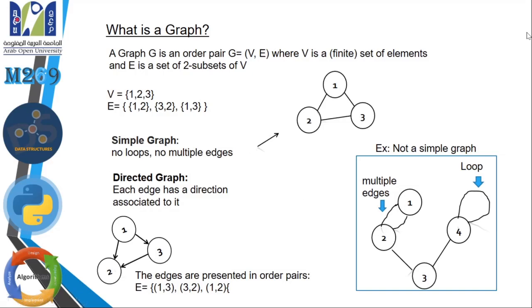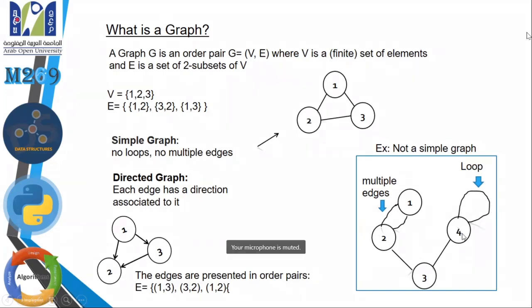Then we have some concepts there. One of them is no loops, or loops, depending. What do you mean by loops? Loops here means that you have a connection of a vertex to itself.